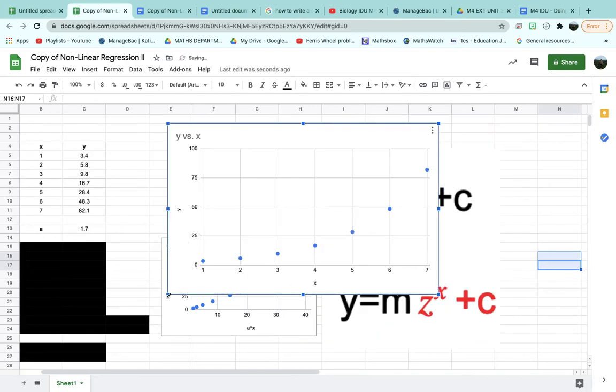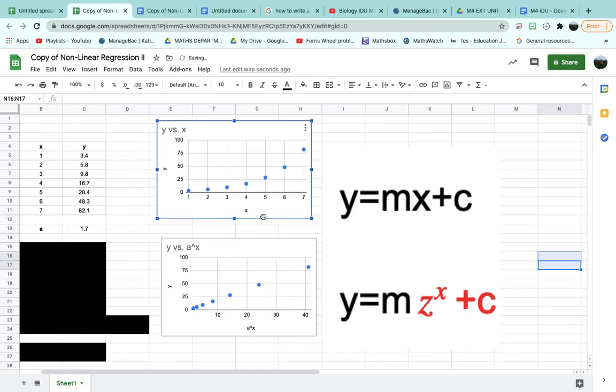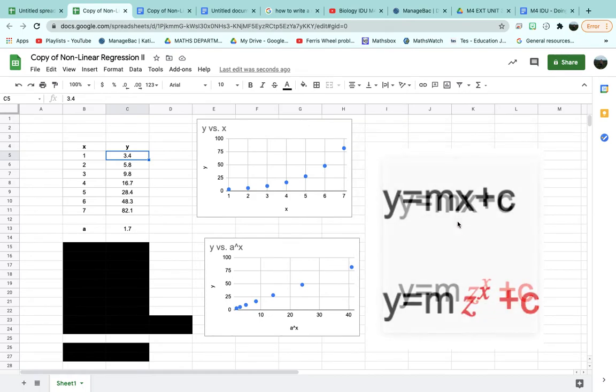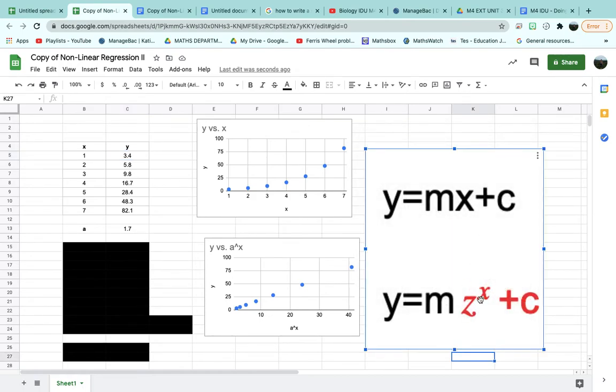So what we're going to do with this then is the first thing we're given is our results for the experiment. Now, like before, I'd like you to put the x on the left and the y on the right. So an exponential graph is going to be a number to the power of x.